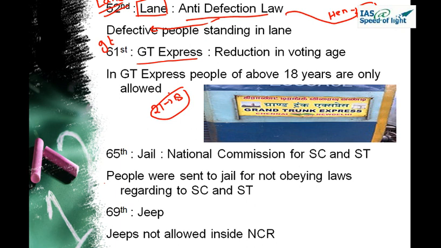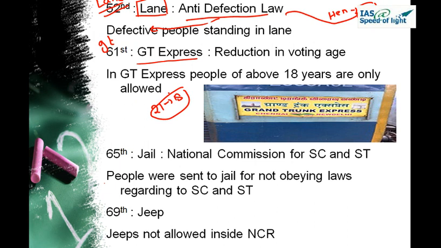You went to the railway station to travel in GT Express, but what happened? They are saying only people above 18 years are allowed to travel in GT Express, because GT Express runs very fast. So this is the 61st Amendment Act.